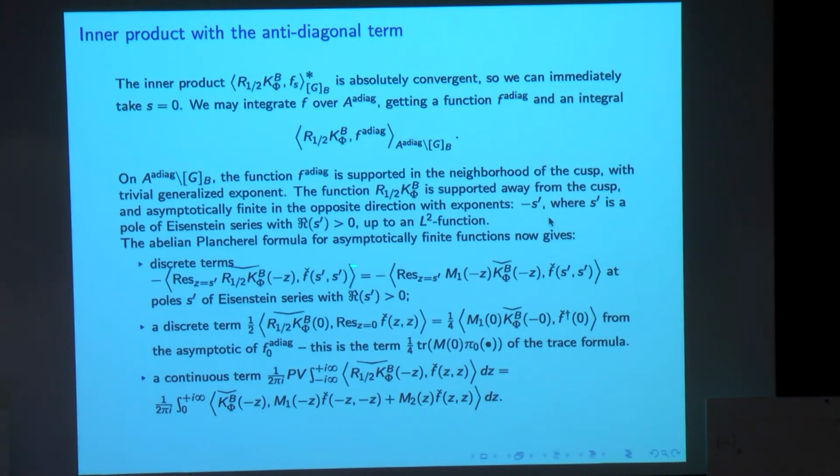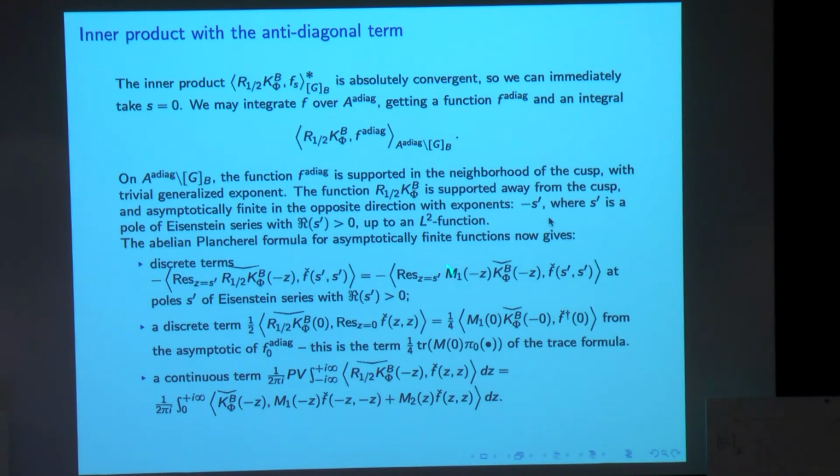Well, we have the poles of intertwining operators that will give you the asymptotics that correspond to the exponents of this guy. Those are the negatives of poles of Eisenstein series with real part of s greater than 0. And then a discrete term that falls right on the unitary spectrum. That's why it comes with a coefficient 1/2. And this coefficient 1/2 becomes 1/4 when you compare the residue that you take in the diagonal direction with this.